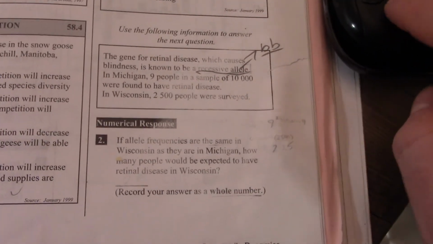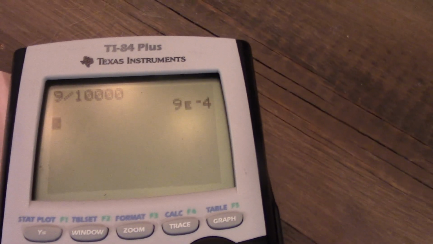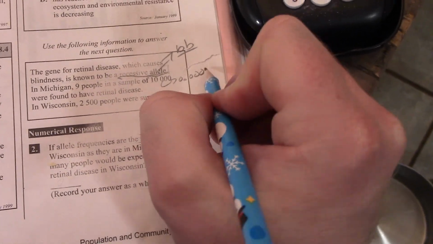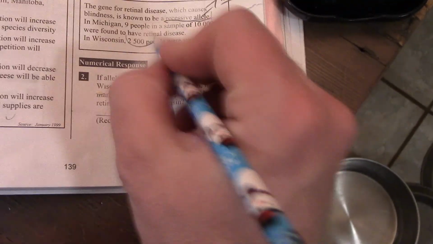So if I look at Michigan, 9 out of 10,000, right? So 0.0004. Sorry, 0.0009. Okay, have retinal disease. And there are 2,500 people surveyed here.